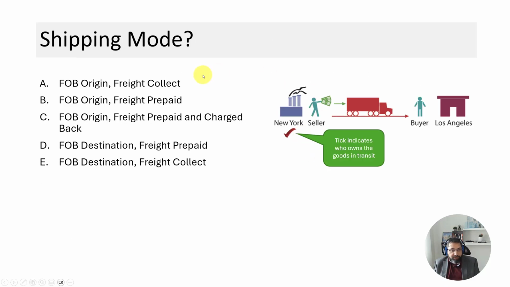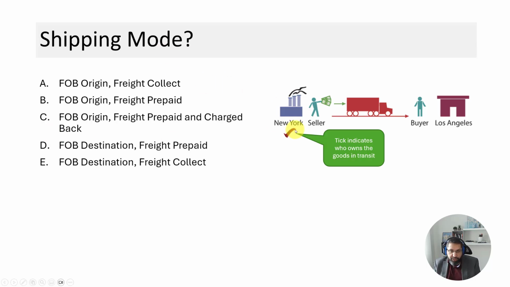Let's do some self-testing. The picture represents what's happening. So we have a seller in New York, buyer in Los Angeles. The tick indicates that the seller owns the goods in transit, which means it cannot be FOB origin, because in FOB origin, the buyer owns the goods in transit. So immediately I know the right answer has to be D or E, FOB destination, because only in FOB destination does the seller own the goods in transit.